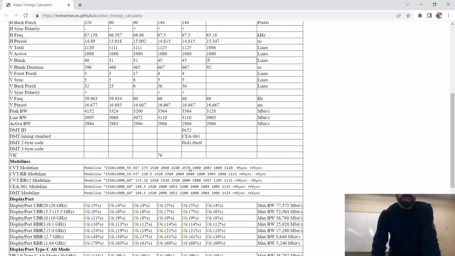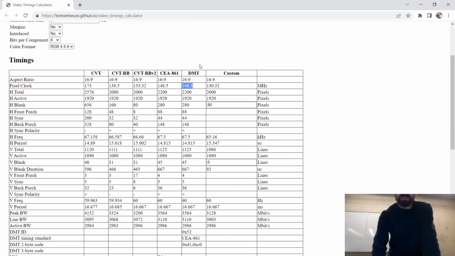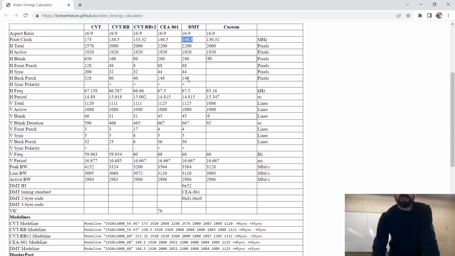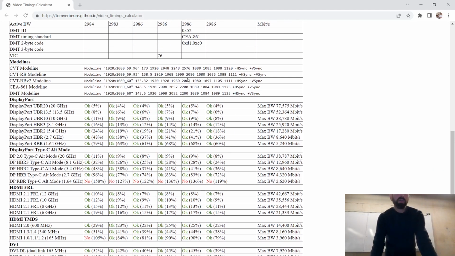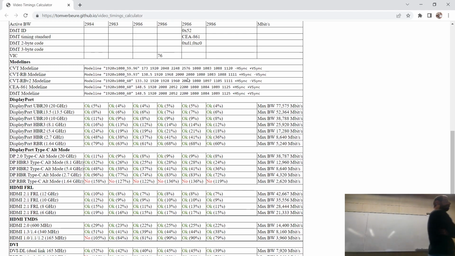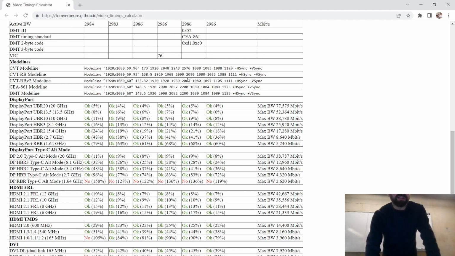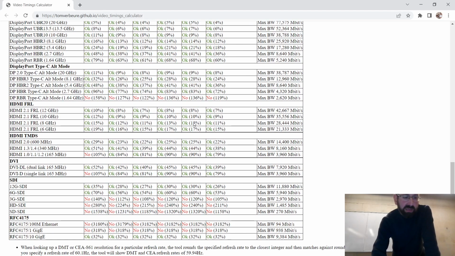What I like about this website is that it not only provides the spreadsheet for VGA timings, but it also compares various ways of interfacing with a monitor and whether the bandwidth of those interface specs would be sufficient or not for this particular resolution. So all the various different DisplayPorts, HDMI cables, things like that.